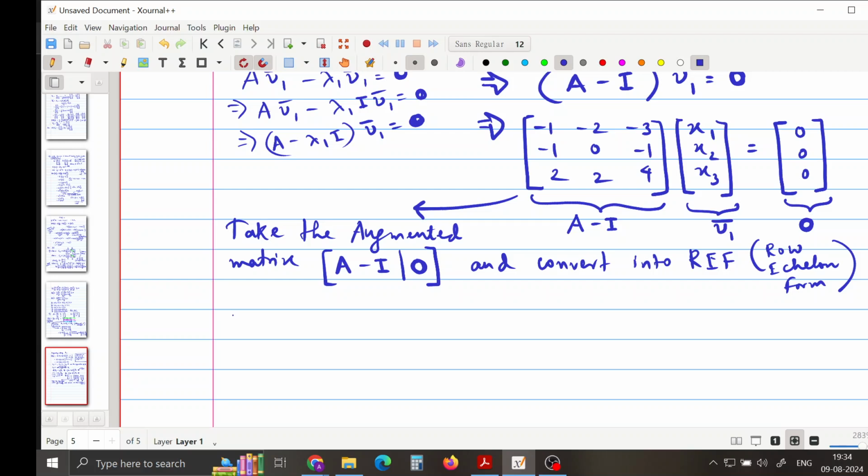I'm just using this line as a demarcation; there is not really any line. And what is the size of this augmented matrix now?